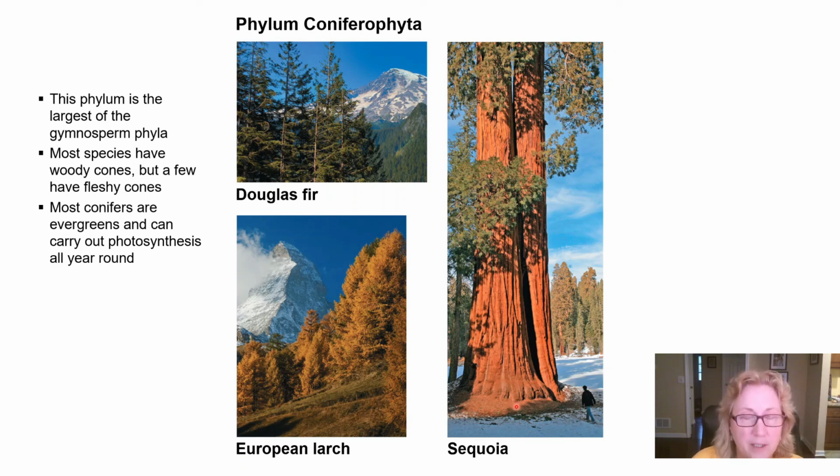They are in the American Southwest. They're the oldest trees in the world. There are some specimens that are almost 3,000 years old. So conifers have been around for a long time. They're very hardy and tolerant of poor environmental conditions. Most of them are evergreens, so they can photosynthesize year-round, although they tend to really slow down in the winter.